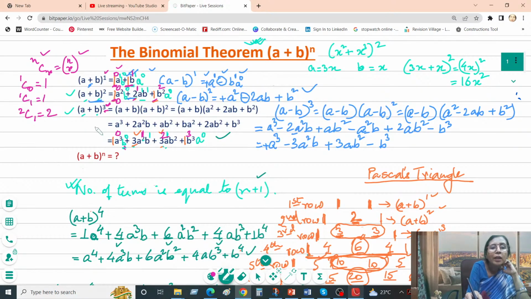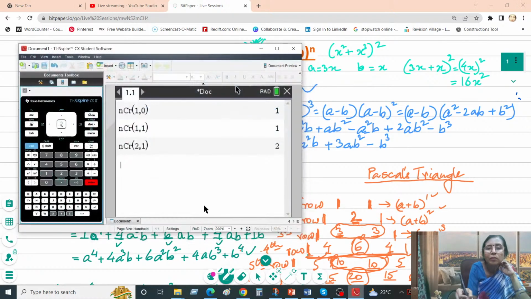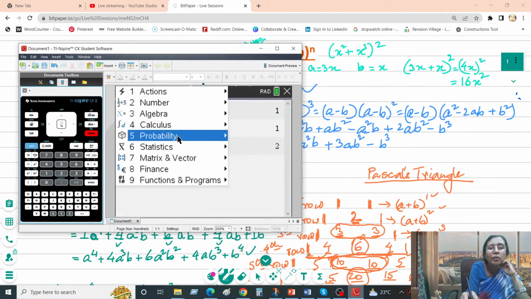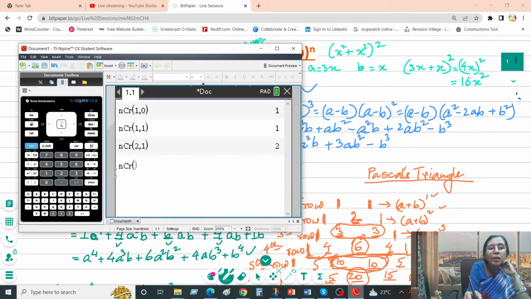Coming to a plus b whole raised to the power of 3. I am not going into these; they will be 3C0 and 3C3, and you can try it, they will be equal to 1. Coming to this one, it is 3C1. What is this equal to? Menu, probability, combination 3 comma 1.